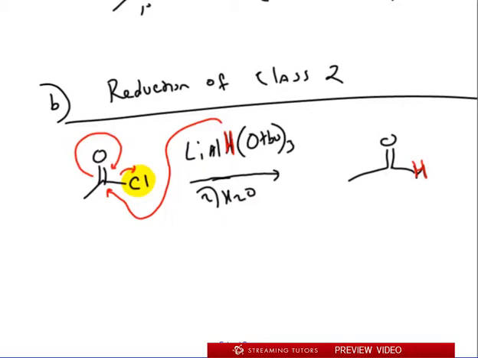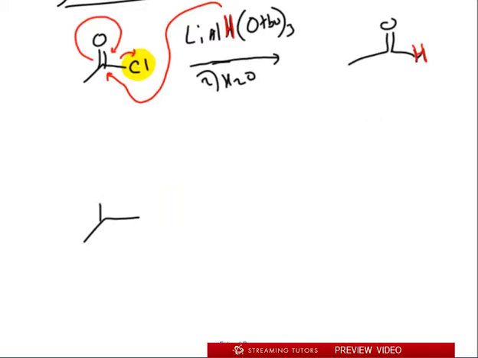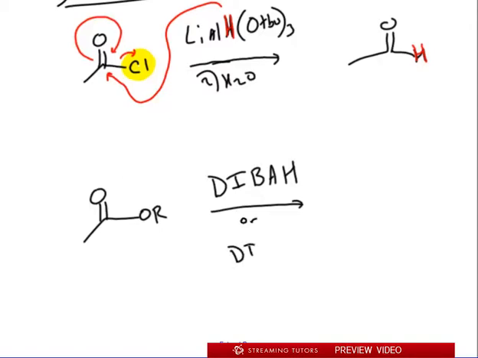All right. Now, another possible scenario is an ester. An ester can do this, but instead of lithium aluminum tri-tert-butoxy hydride, what we use is DIBAL, diisobutyl aluminum hydride. So it's DIBAL, or sometimes you'll see DIBAL-H, same thing, with an H, because it's diisobutyl aluminum hydride.